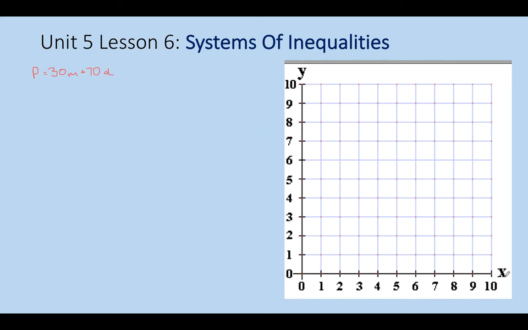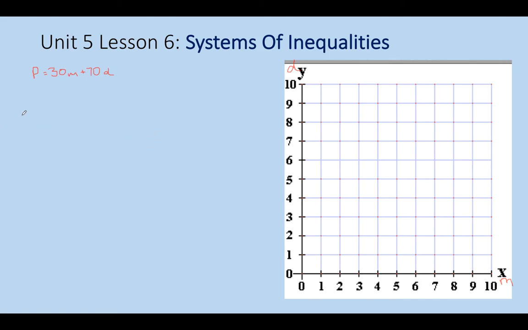So we're going to make M our X. We'll put M over here, and we'll put D over here. Neither one of these is dependent on the other, so it really doesn't matter whether I put them on the X or the Y axis.